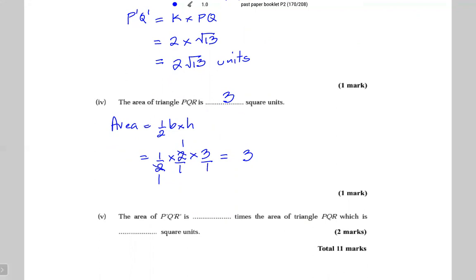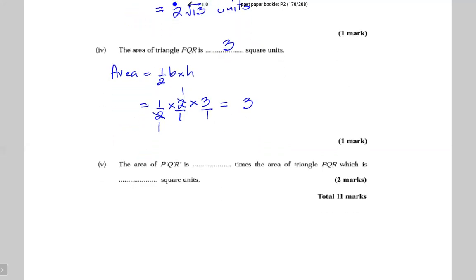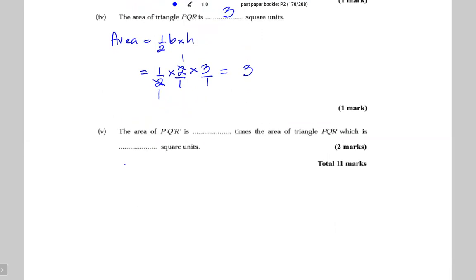All right. Then we're asked the area of triangle P prime, Q prime, R prime is that times the area of triangle PQR. All right, so here's something you have to remember. You have to remember that K square is equal to area of image divided by the area of object.